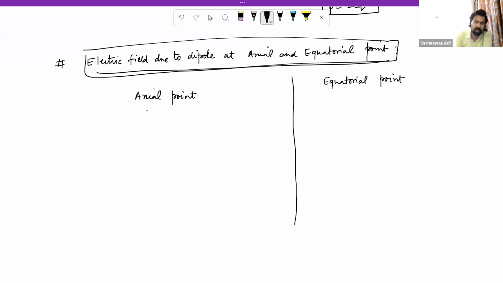So at the axial point, we had this dipole and the separation was 2a.